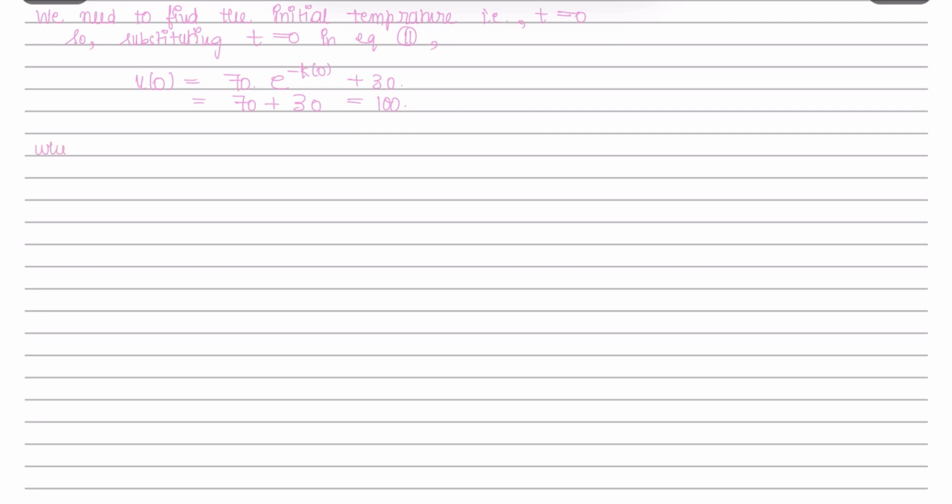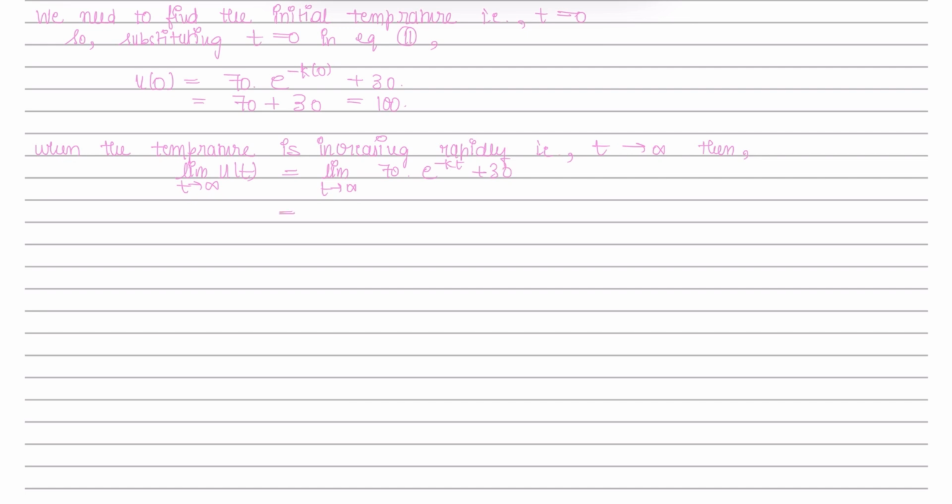When the time is increasing rapidly, that is, t tends to infinity, then u of t as t tends to infinity is equal to the limit as t tends to infinity of 70 into e to the power minus kt plus 30.